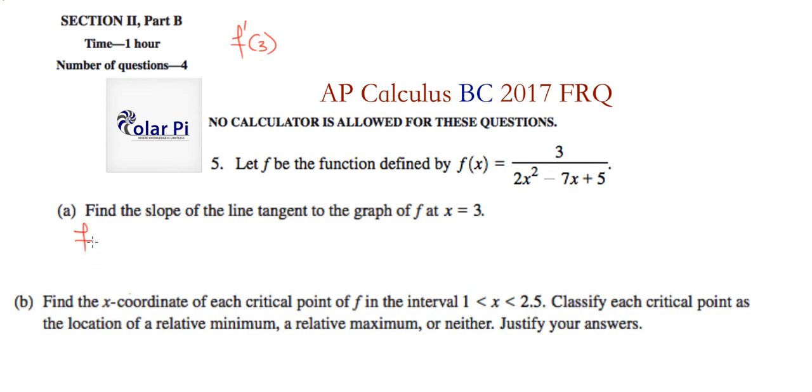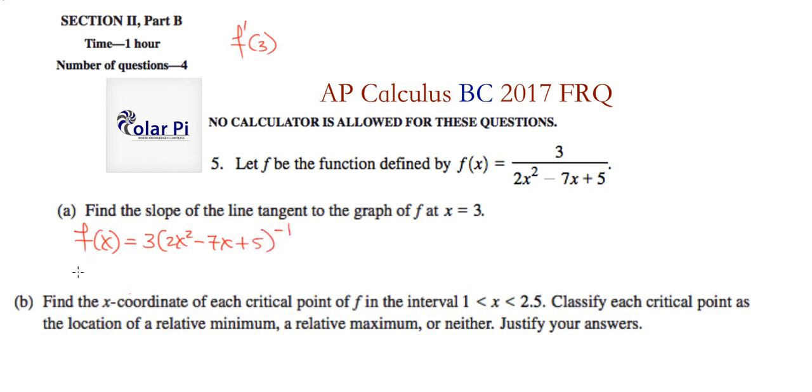I want to avoid the quotient rule, so I'm going to rewrite f of x as 3 times (2x squared minus 7x plus 5) to the negative 1 power.